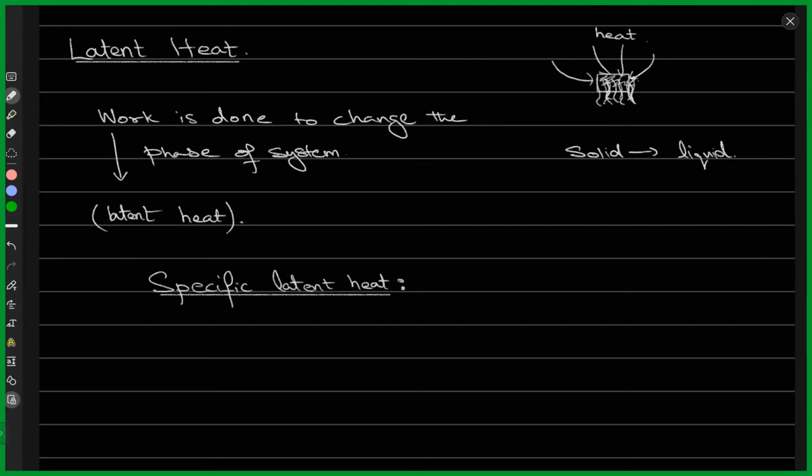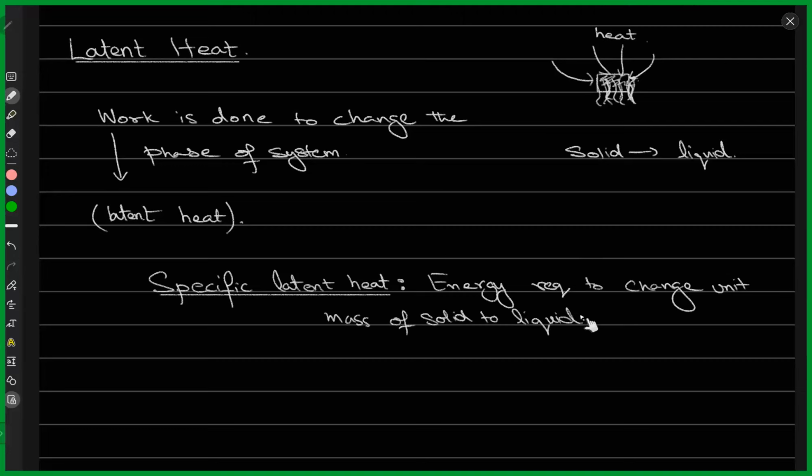So you can say it is the energy required to change unit mass of solid to liquid, or any phase. And then you could also have to gas. So I'll write it right over here: solid to liquid or gas.